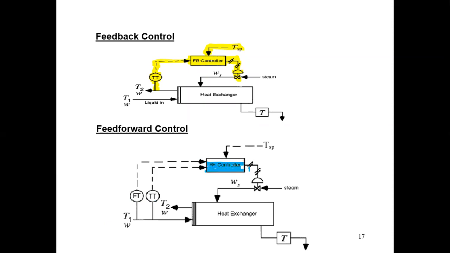Now in the feed forward controller, feed forward controller needs also the set point, or it is now measuring the disturbance. Okay, and the temperature as well. These are the two things, but it is not measuring anything from T2. Okay, so disturbance is being measured क्योंकि इसमें दो variables हैं, but nothing is coming from output.